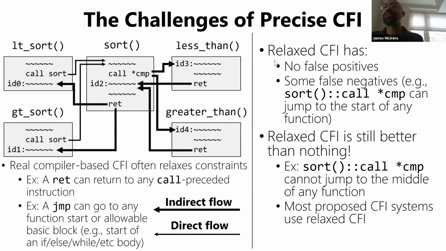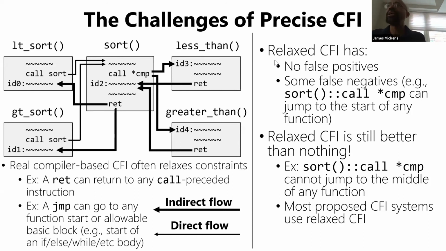Similarly, for some of these compiler-based CFI schemes that I was mentioning, yes, there will be a check at runtime to determine whether a particular jump is going to a quote-unquote good place, where good is defined with respect to the specifics of the CFI scheme.